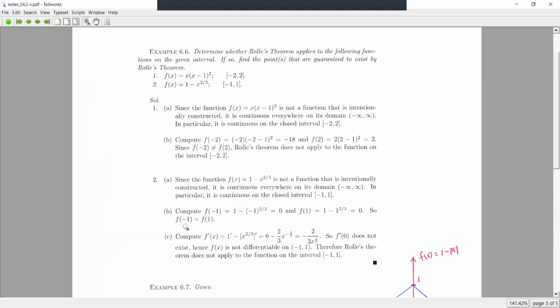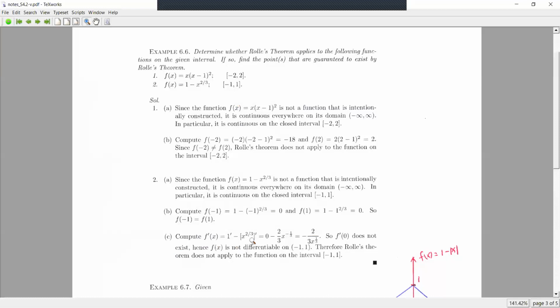So function value at left endpoint is equal to function value at the right endpoint. The second condition of Rolle's theorem is satisfied. Okay, now check the third condition in Rolle's theorem. The third condition says that the function should be differentiable everywhere between -1 and 1. Okay, now let me compute the derivative of the function.